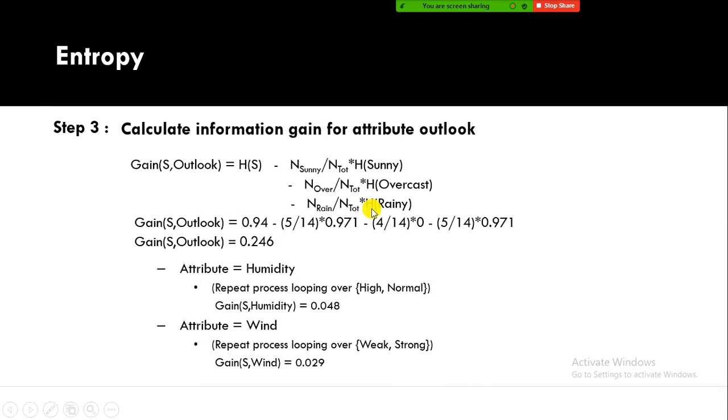Next, we are going to substitute everything in this formula: entropy minus each and everything, and you will get 0.246. 0.94 is the overall entropy value. You remember?